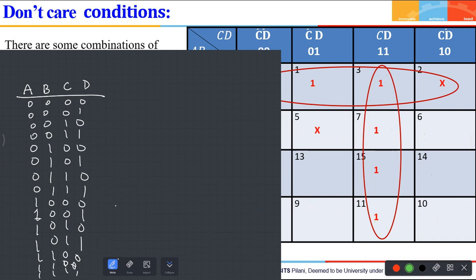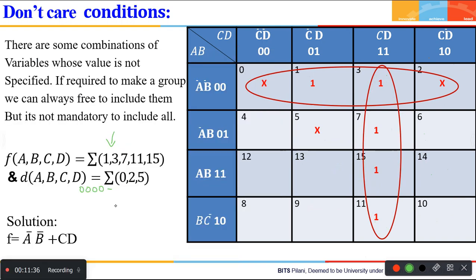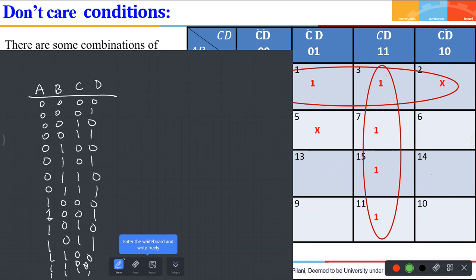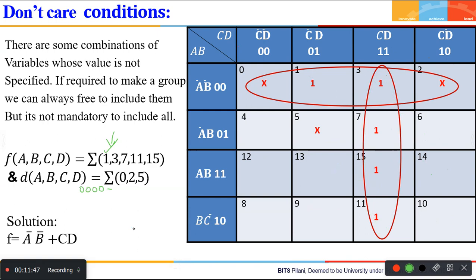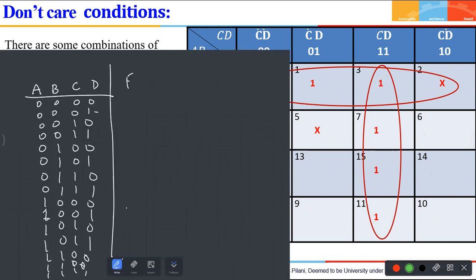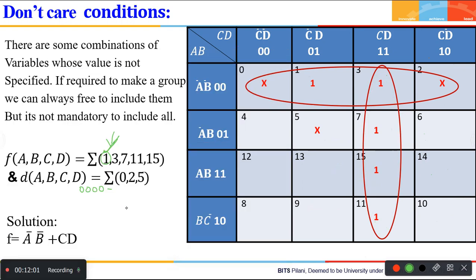So now see here, if you take the output F here, for 1, this is the minterm corresponding to M1, right? That means the output is 1. That's what actually this equation represents.